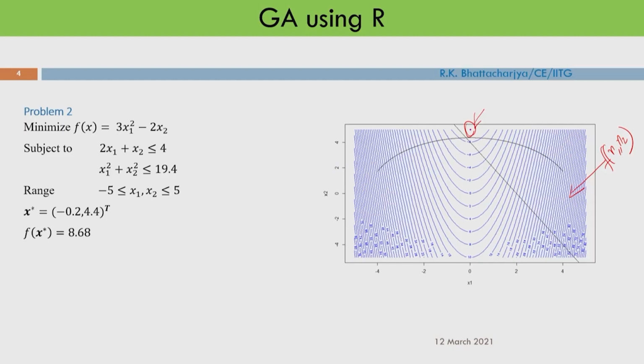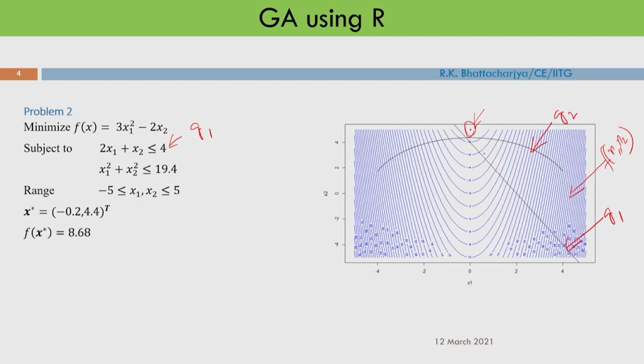The first constraint is 2x1 + x2 <= 4. If I say this is G1, G1 is somewhere here. The second one is x1^2 + x2^2 <= 19.4, which is the second constraint G2.